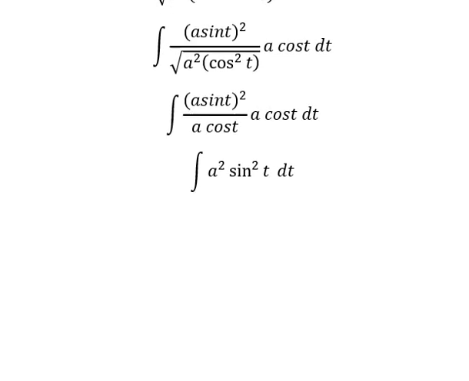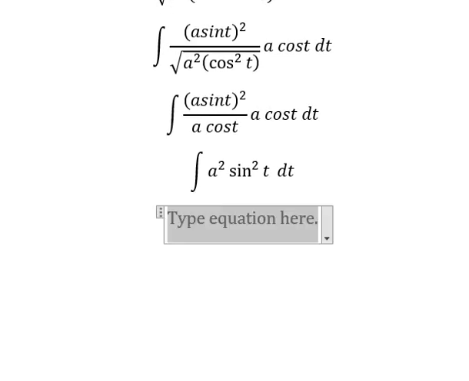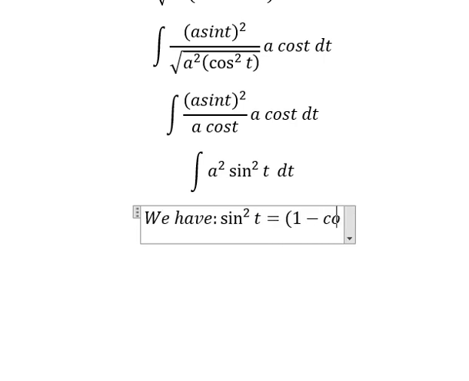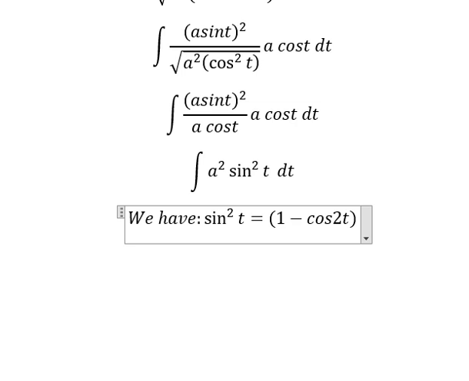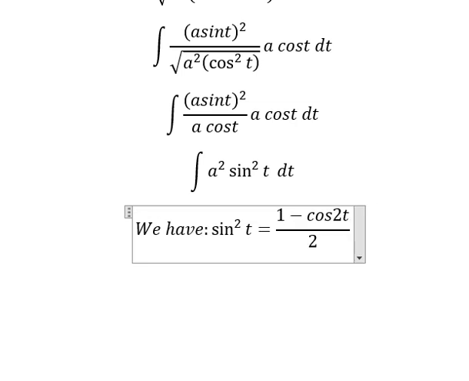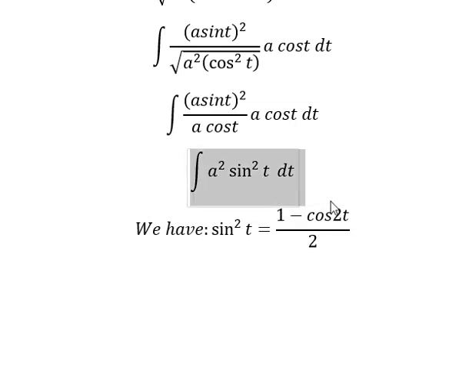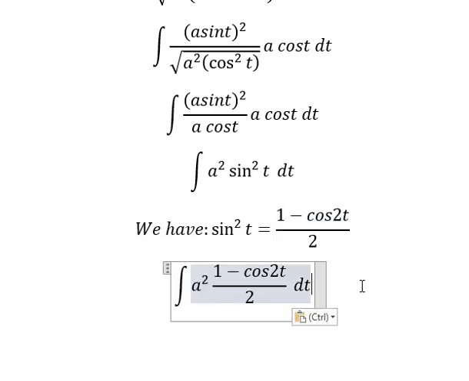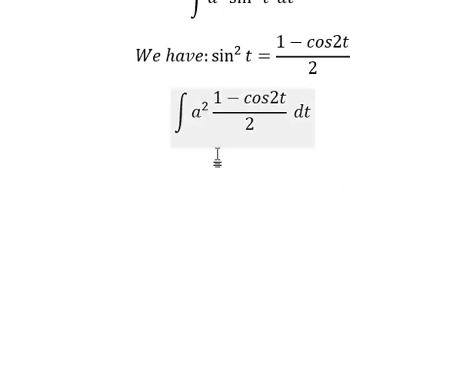Now we have the formula in here. Sine t square equals 1 minus cosine 2t over number 2. So I will put this one here. And now I will put a square and number 2 outside.